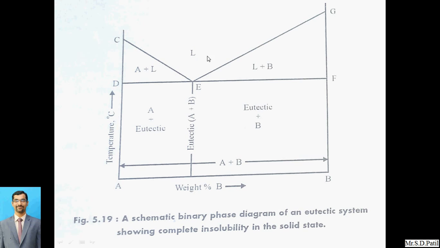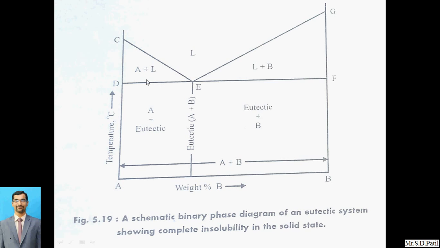A metal and B metal, and when we drop the temperature, the stages in the zone above this E we will see in the next lecture. But you only have to understand here in this diagram that there is A plus L, and below this, in the solid stage, it will be A plus eutectic.